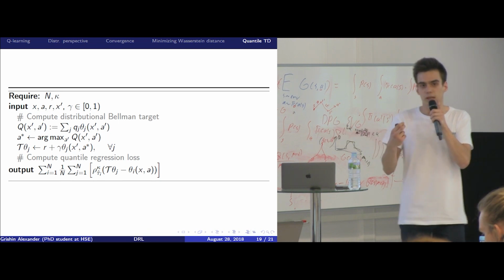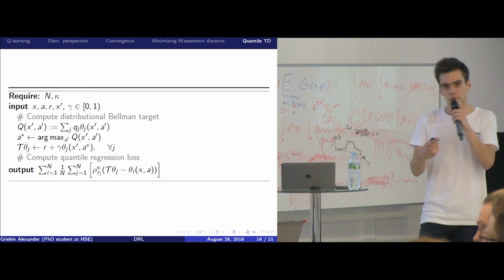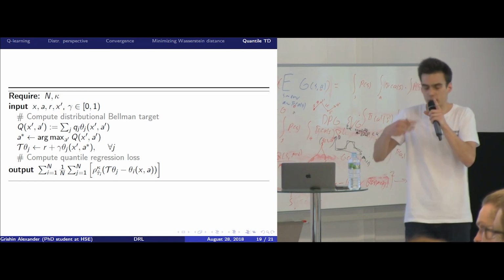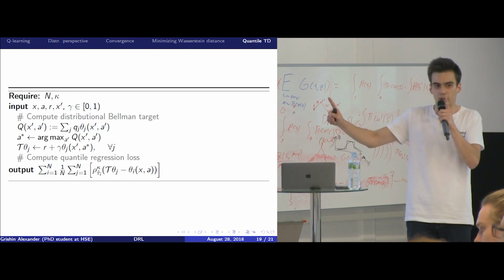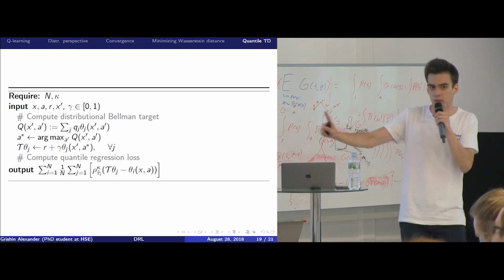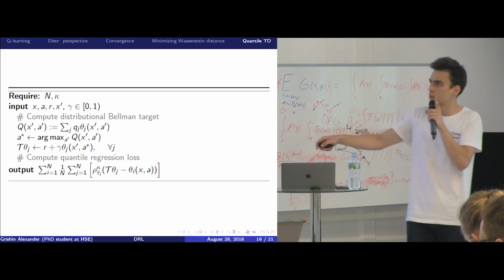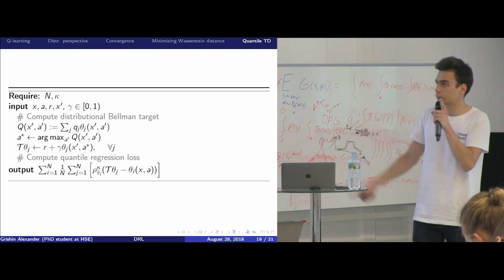So we just get each quantile, adding this reward, and eventually, we get n. We consider these n values as samples, as n samples.